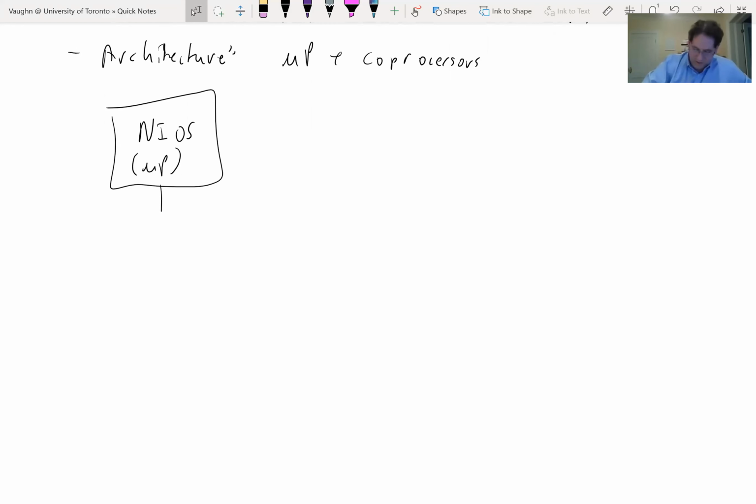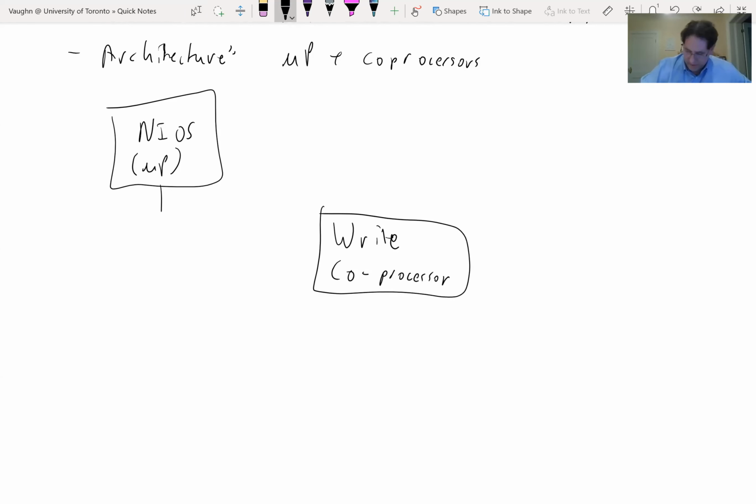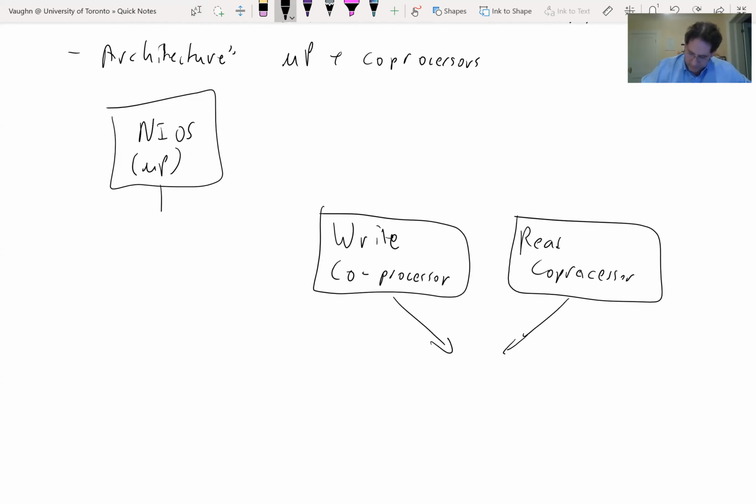So I've got a processor for control. And now I need to make my coprocessors. So we made a few. We made a write coprocessor. We made a read coprocessor. And both of those are wired up straight to the pins of the FPGA.